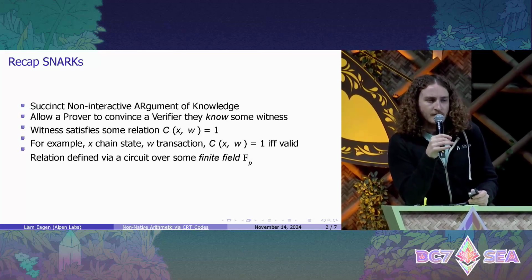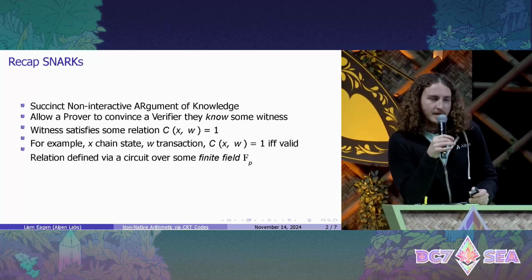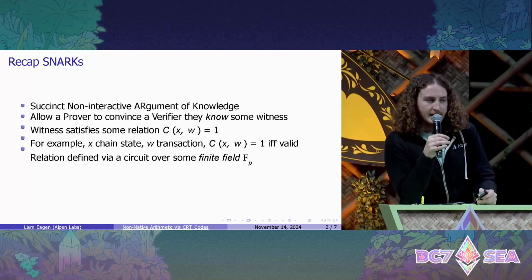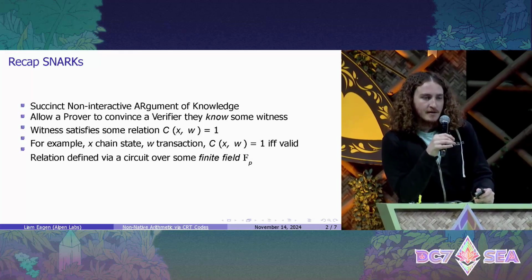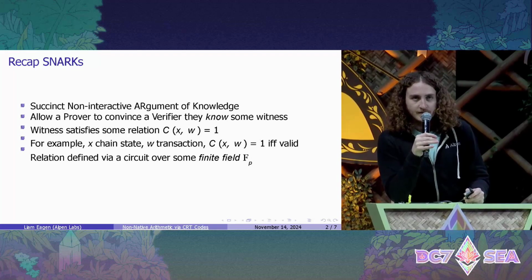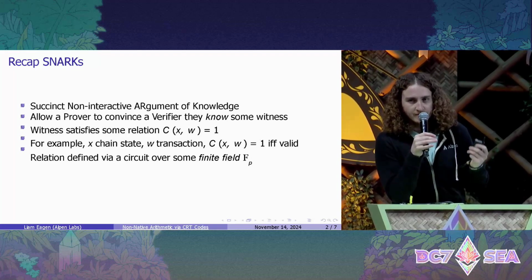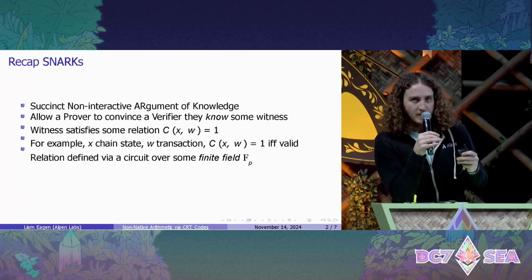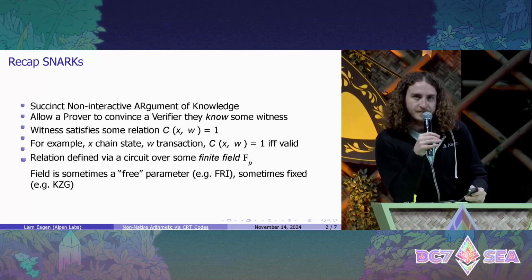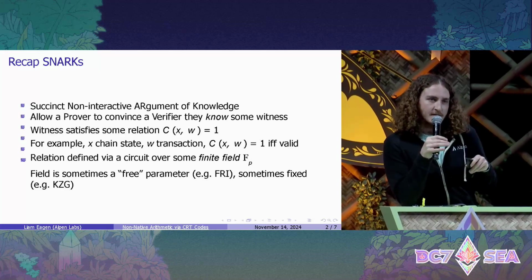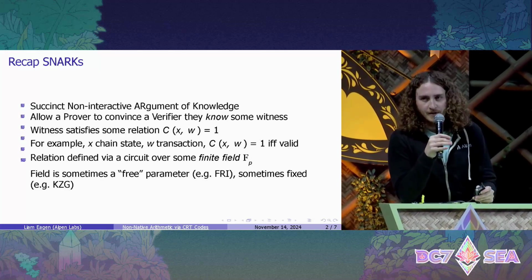Yeah, so the important takeaway for our topic today is that C is defined typically over a field. A field is a place where we can do arithmetic, addition, multiplication, etc. And that field will be defined modulo some prime P. The field is sometimes a free parameter, depending on the proof system.